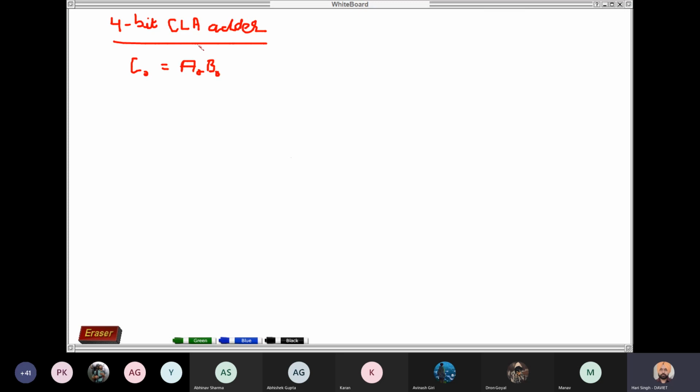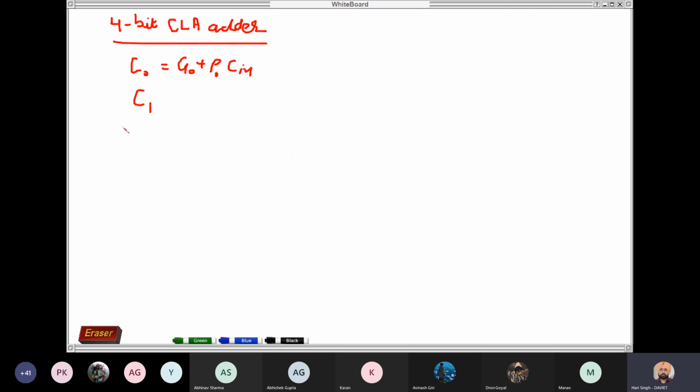And C1, or we can also consider the factor A0 plus B0. So we can simply write it as G0 plus P0 into Cn.